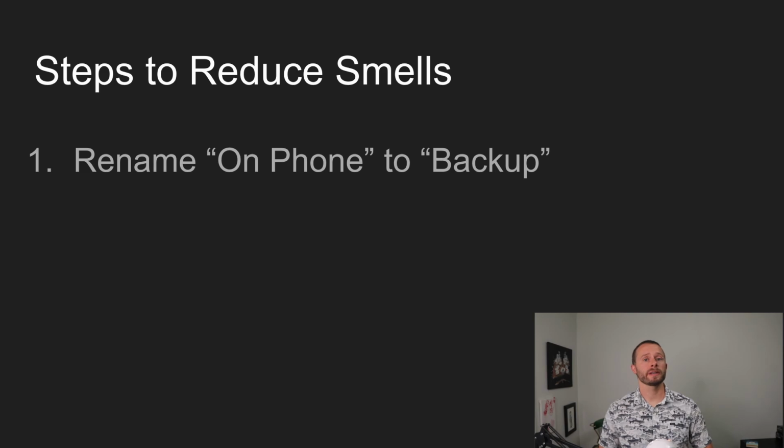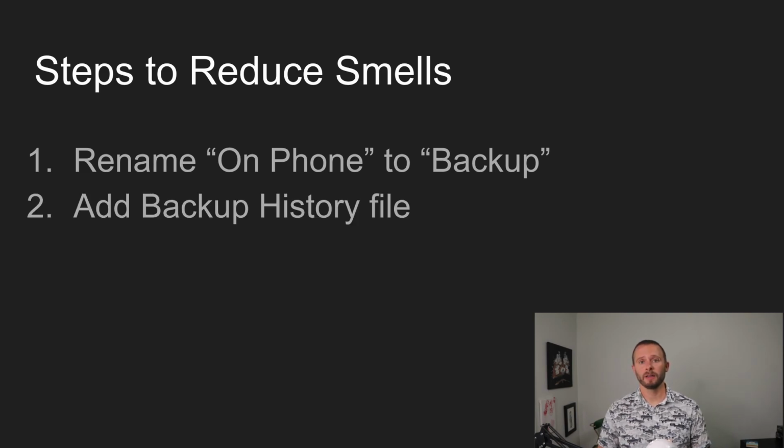Second, we'll create a backup history file. Instead of having Android history and backup history both live in the Android history file, we should put the backup history into a backup history file. This will be a small functionality change, and it will temporarily make the Android class look worse.